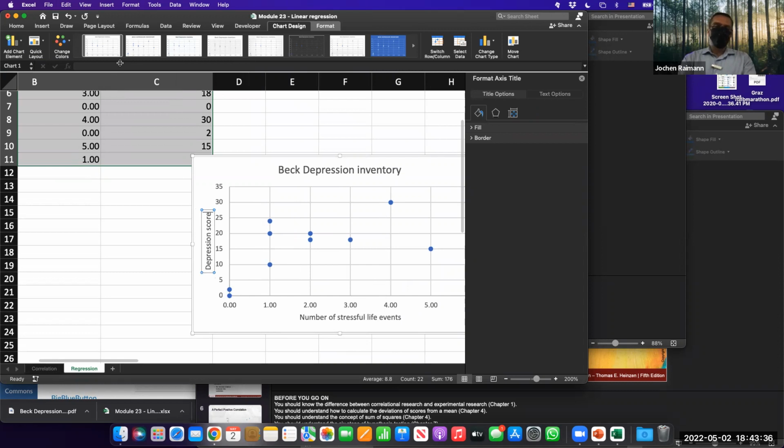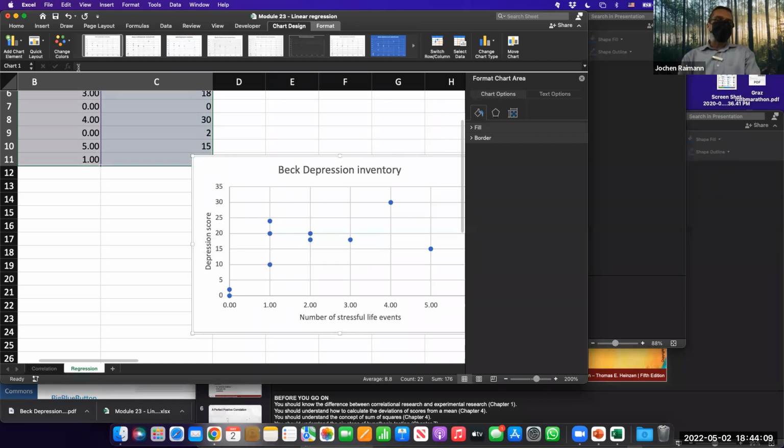So what can we say by just looking at it? We see that there's quite some variation. We see trend-wise that it's rather increasing, right? So the more life events, 1, 2, 3, 4, 5, the more of an increase you will see in your depression score, which also makes sense when you think about it conceptually. The more stressful life events, the more depressed you are, kind of makes sense, right?